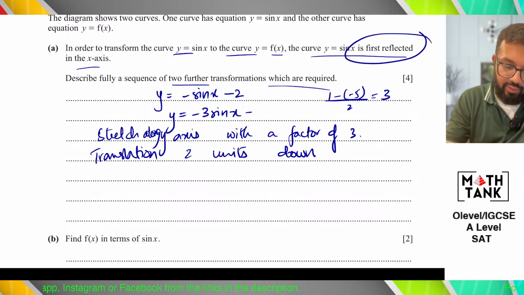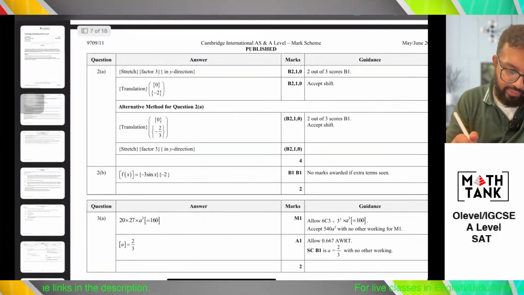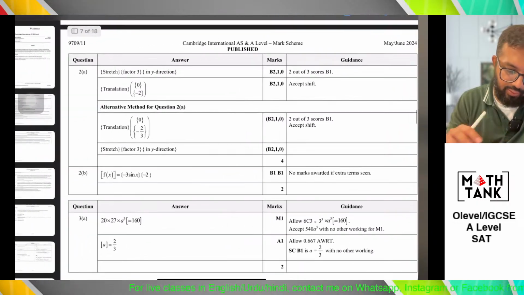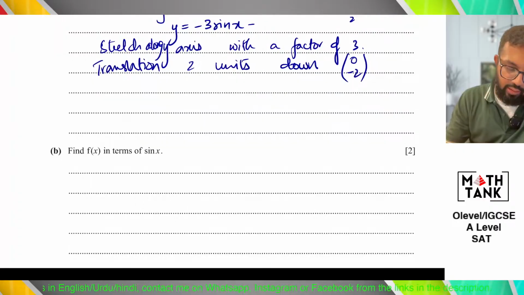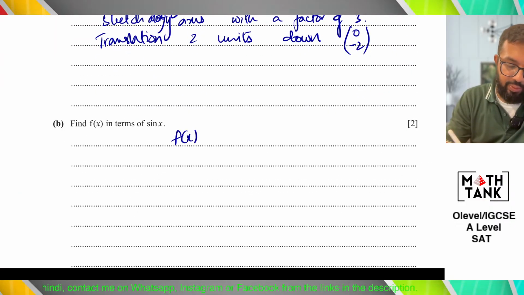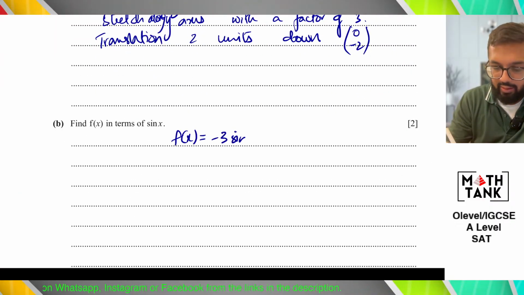All this is after it has been first reflected in the x-axis. Okay, so translation 2 units down, and I think I should say the vector as well, 0 minus 2. F of x in terms of sine x, that's the question that I solved earlier. So minus 3 sine x minus 2.